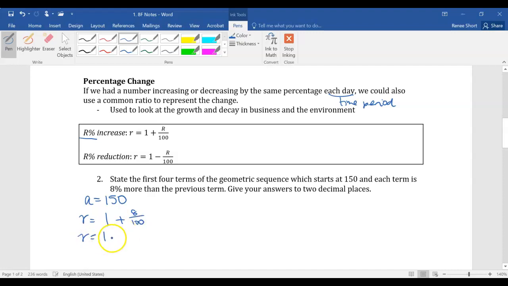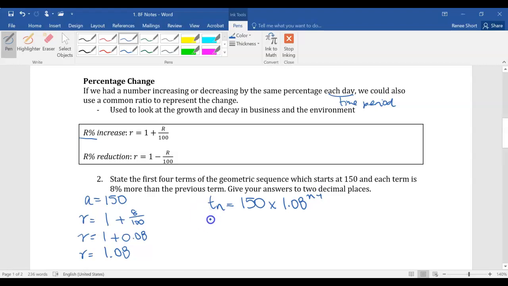We can represent 8 over 100 as 0.08, so the common ratio is 1.08, to represent increasing by 8%. So my rule for Tn is 150 times 1.08 to the power of n minus 1.